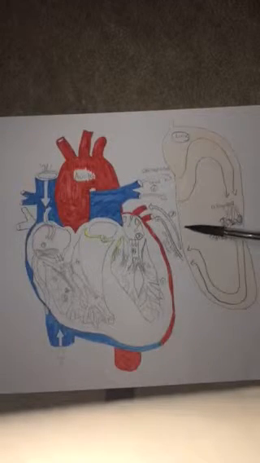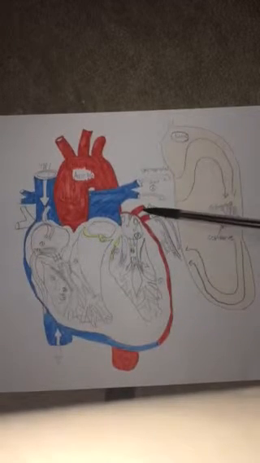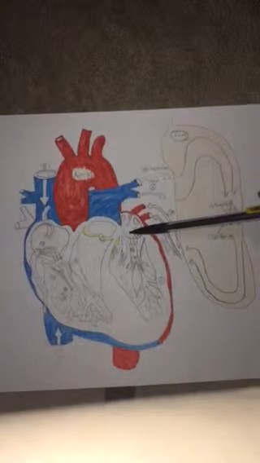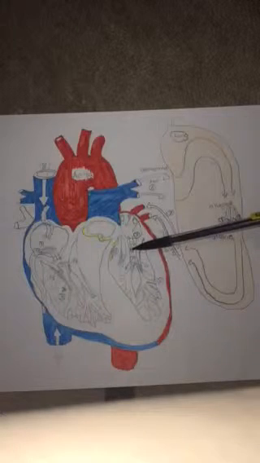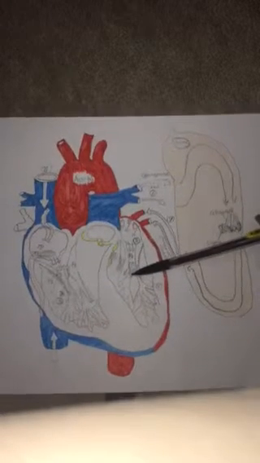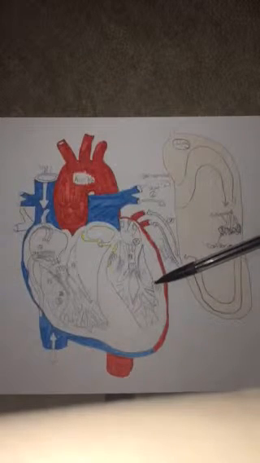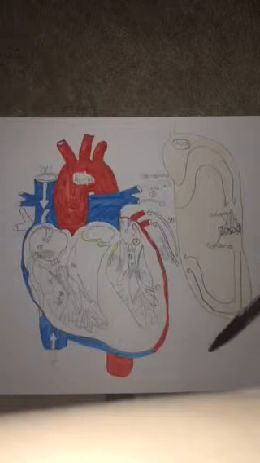From the lungs, the pulmonary vein carries the oxygenated blood back into the heart. The left atrium receives the oxygenated blood from the lungs. The blood then passes through the atrioventricular valve into the ventricle.